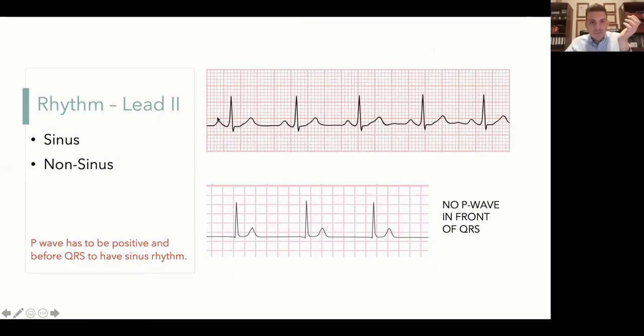The P wave should be positive, as you can see right here, and before every single QRS. All those are P waves, and they are before every single QRS. So since they're positive and before a QRS, they have sinus rhythm. And what also should be mentioned is that the non-sinus rhythm can either have a P wave present or not.